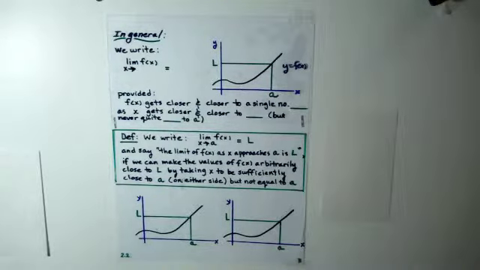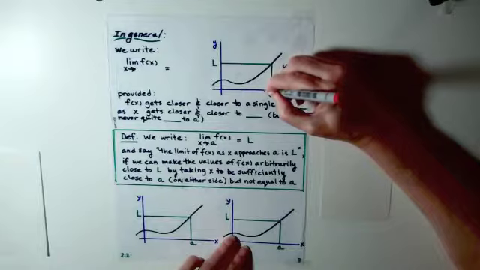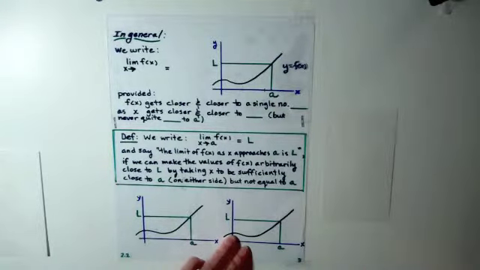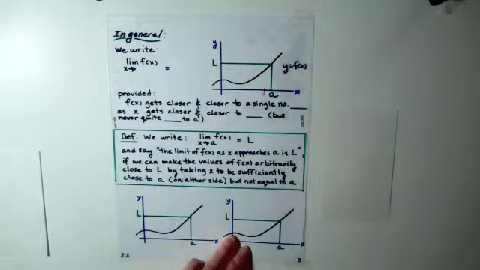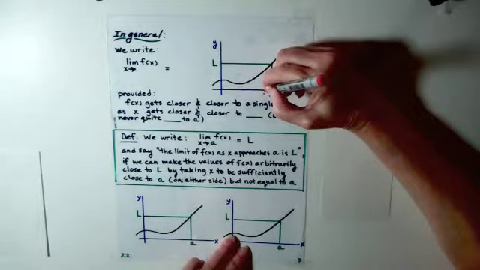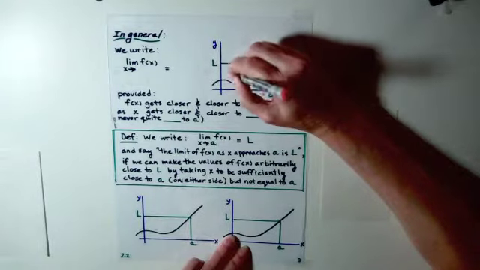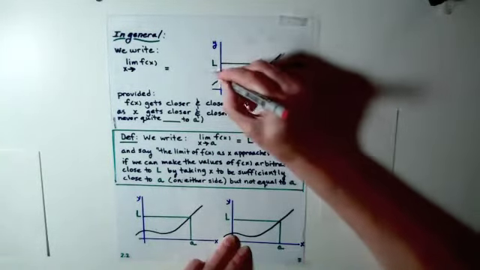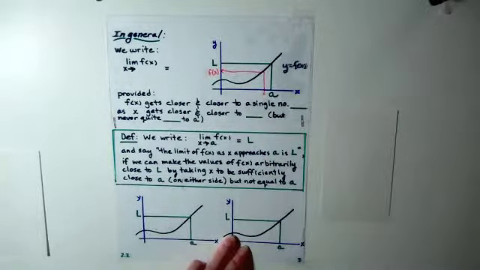I'm going to let my x values get closer and closer to some general number a. So if I allow in this picture my x's to get close to a from values that are a little bit less than a, on the x-axis that would be a value that's slightly to the left of a, I could find the corresponding output by going up to the black graph and going over to the y-axis, and that will give me the output value for that particular x input value. So I get some f of x.